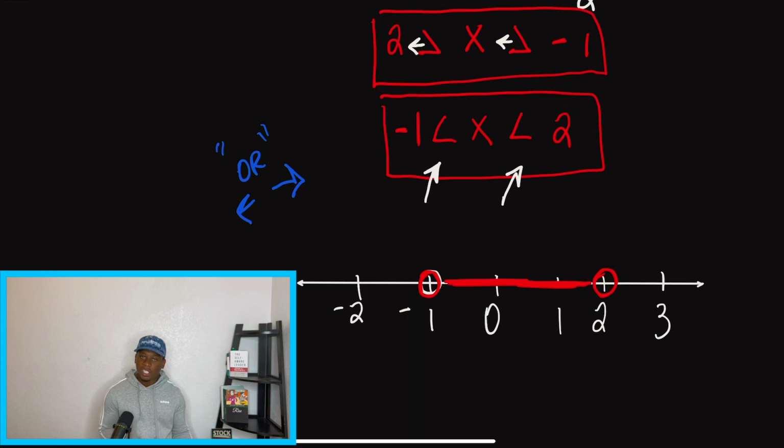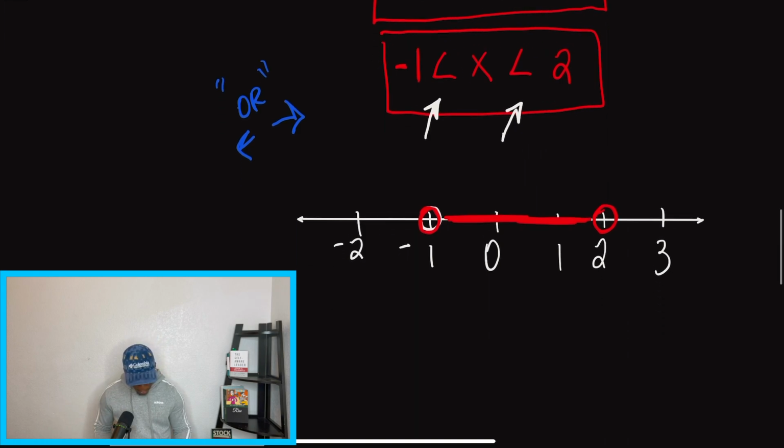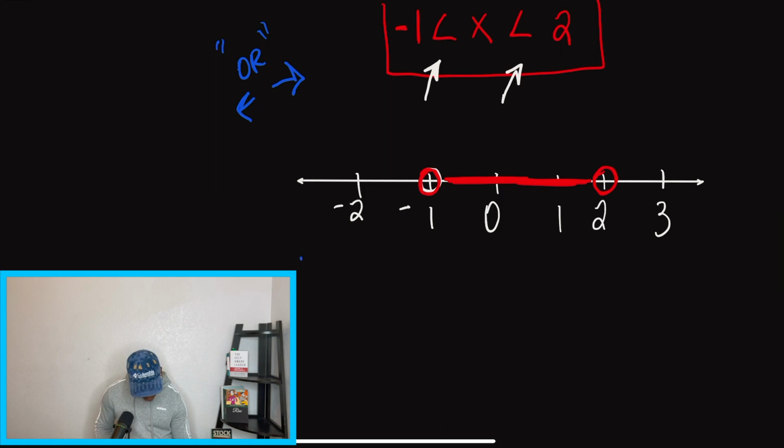And interval notation is a part of inequalities, right? It's another way to express the inequality, express the graph. And basically what happens is if we have an open circle on the graph, we're going to use a parentheses around the number, okay? And if we have a closed circle, that means we're going to use a bracket around that number. And when it comes to the negative infinity sign and the positive infinity sign, right?